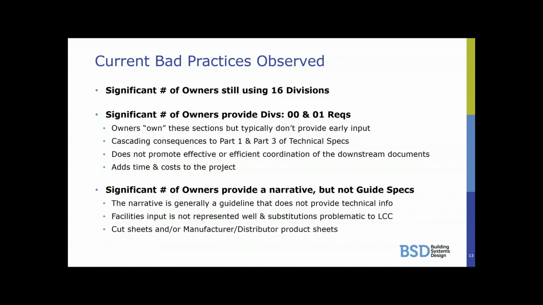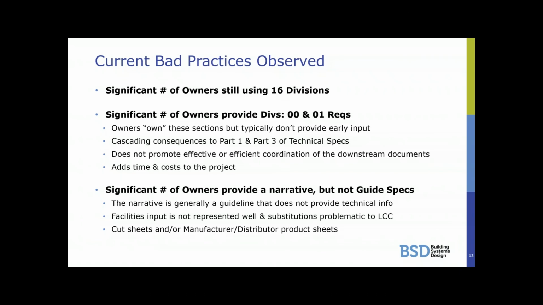Yes, indeed. Division 00 is procurement and bidding documents. So those are generally documents that are provided to the contractor or CM in order to price the project. Division 1, which is general requirements, supplements the general conditions of the contract, whether that be a standardized contract by AIA or EJCDC, or whether the owner has standardized contracts.